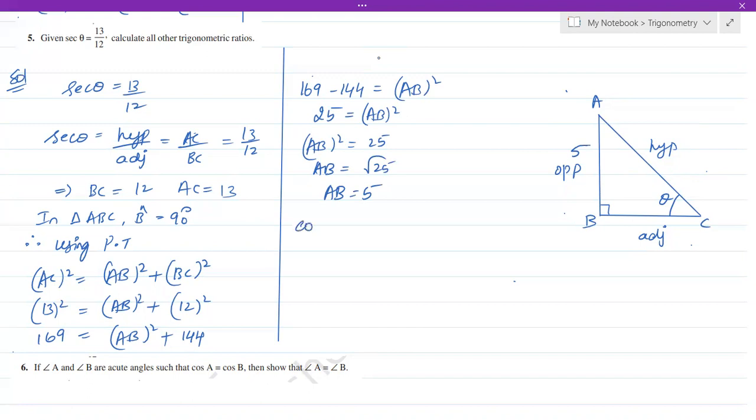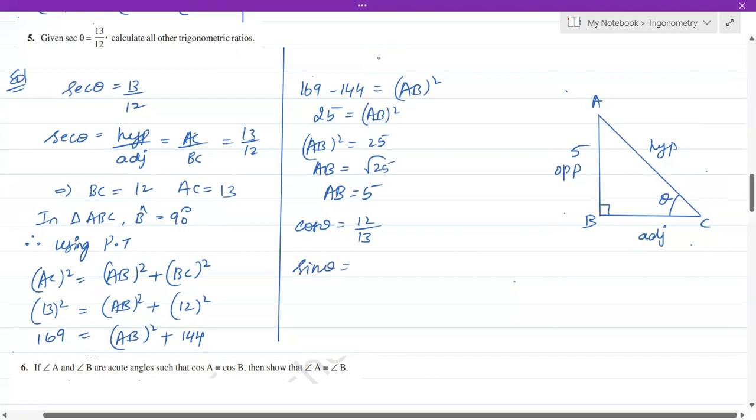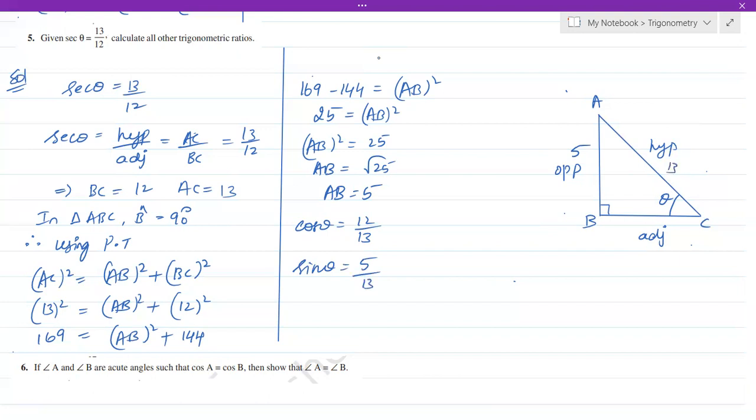Now we can find all the trigonometric ratios. Directly we can find cos theta. Cos theta is the reciprocal of secant theta, so cos theta will become 12 by 13. Now let's find sin theta. Sin theta is opposite by hypotenuse. Opposite is 5, hypotenuse is 13. If you know sin theta, you can easily find cosecant theta because it is the reciprocal, so it will become 13 by 5.